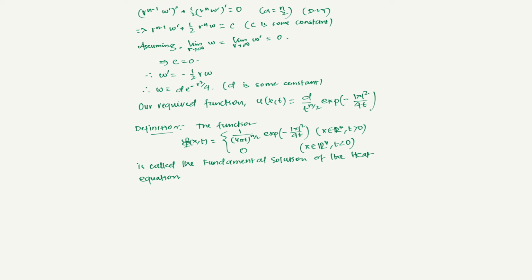This is the fundamental solution of the heat equation. So please remember this is a very important property, and this is a basis of many different analyses in harmonic theory, function theory.